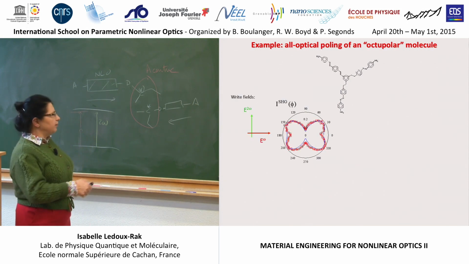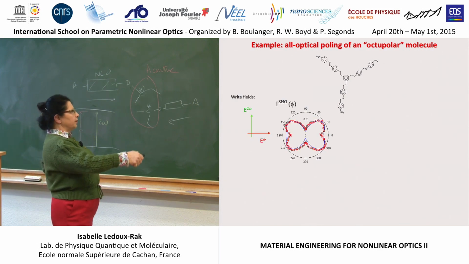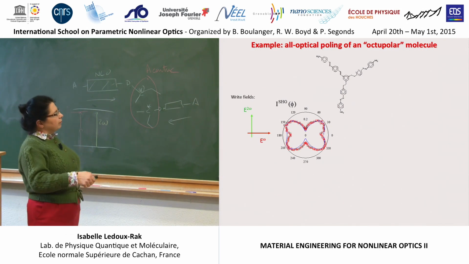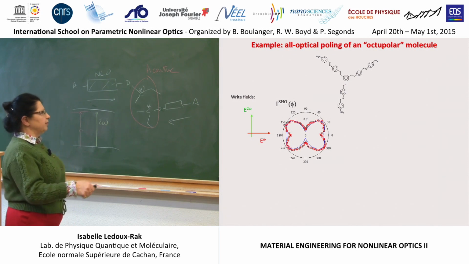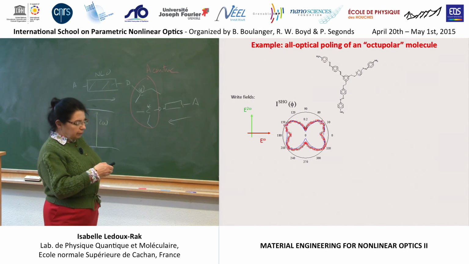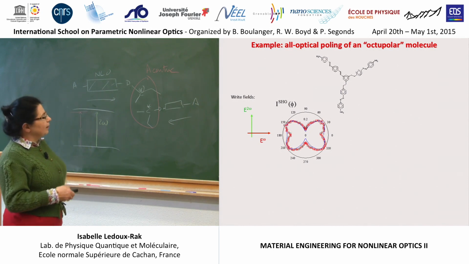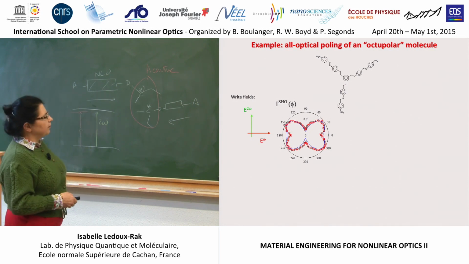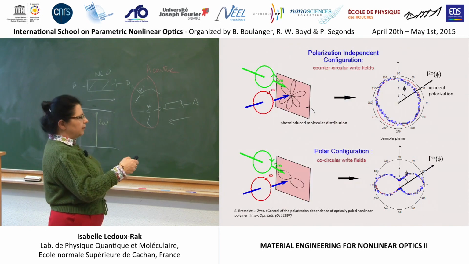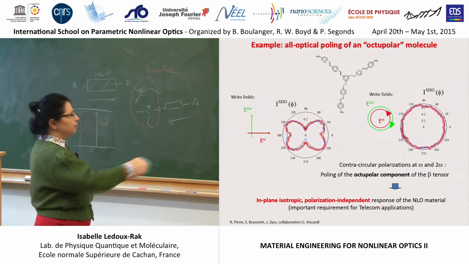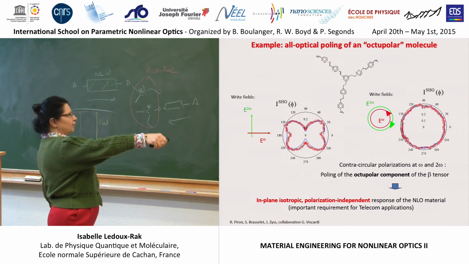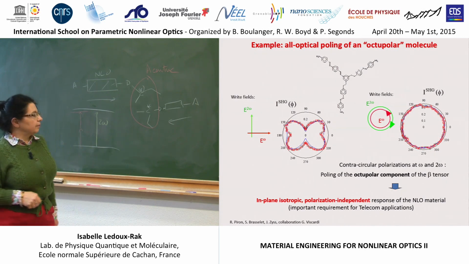And when taking perpendicular linear polarization, you have a pattern of second harmonic generation, a figure which can be predicted, but not special. It's relatively isotropic, but not fully isotropic. But if we take the purely octupolar writing field, then we have a perfectly isotropic response of the material.